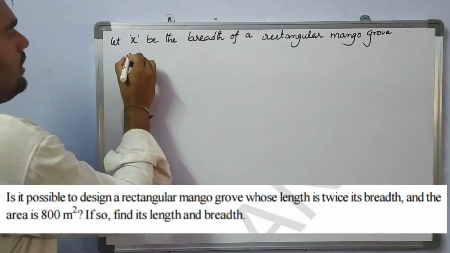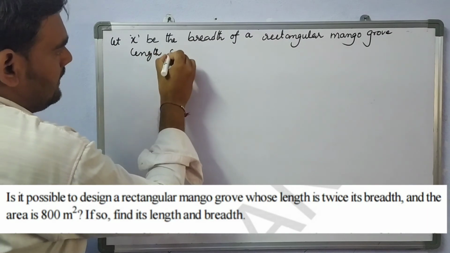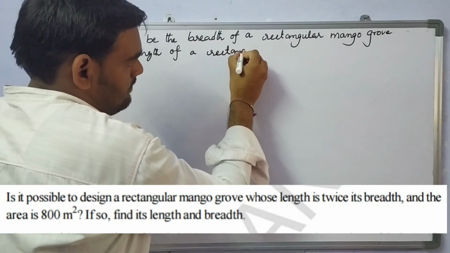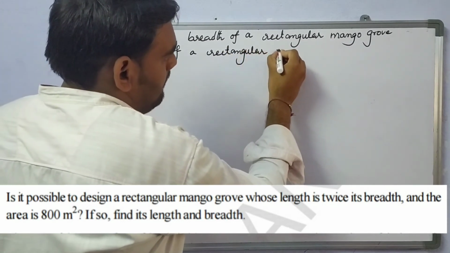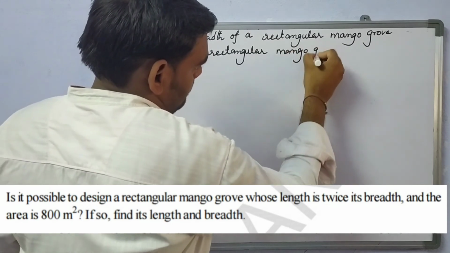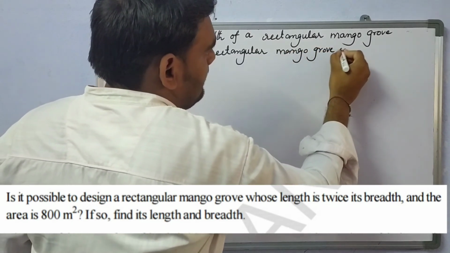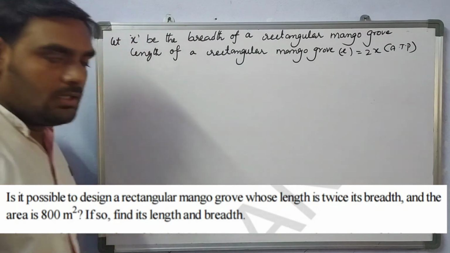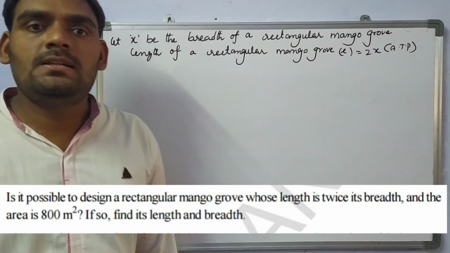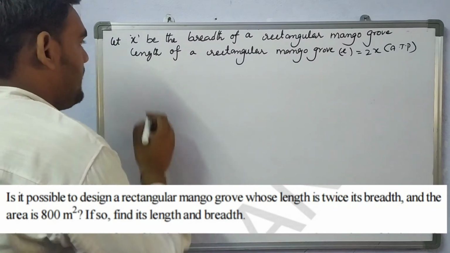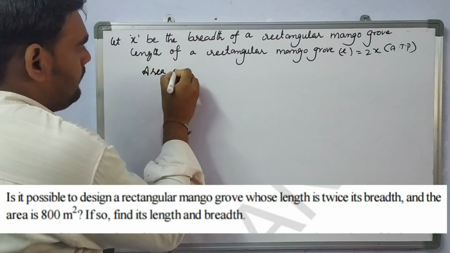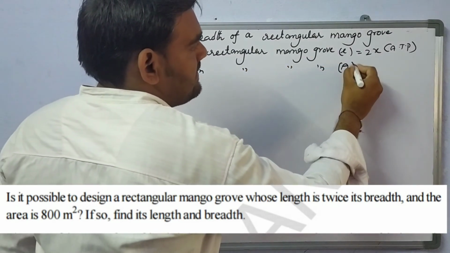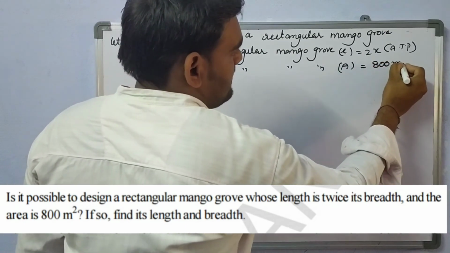Next, the length of a rectangular mango grove, L is equal to 2x according to the problem. Next, the area of the rectangular mango grove, A is equal to 800 meters square.